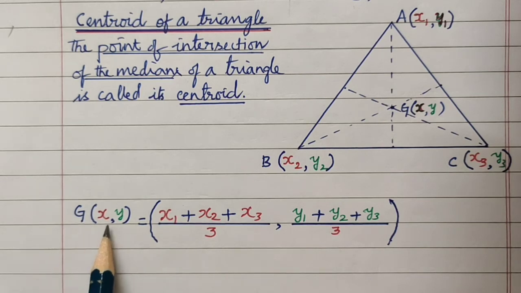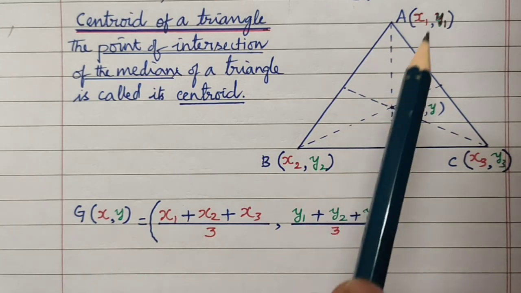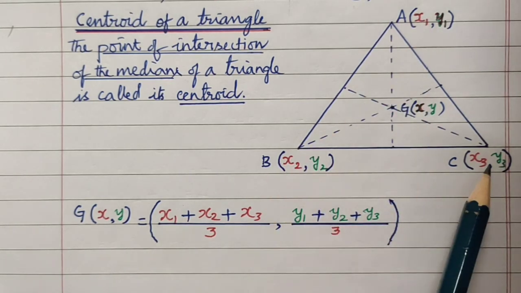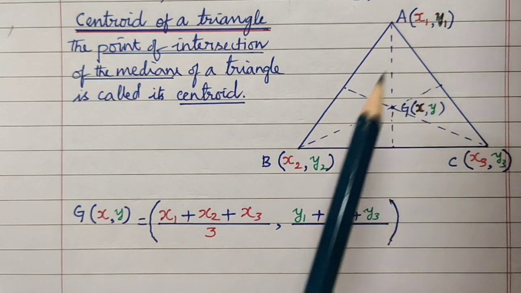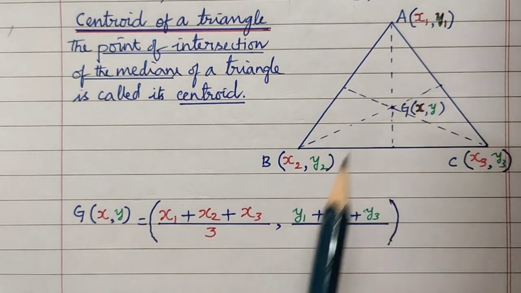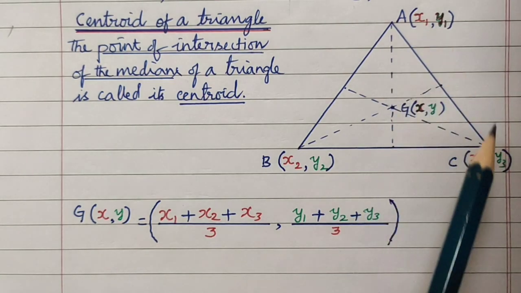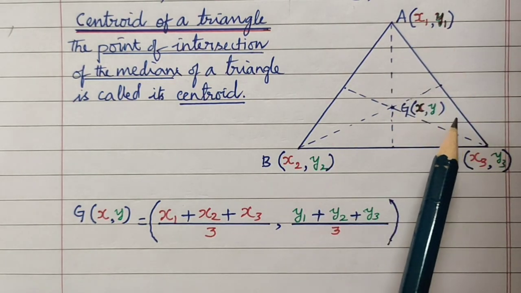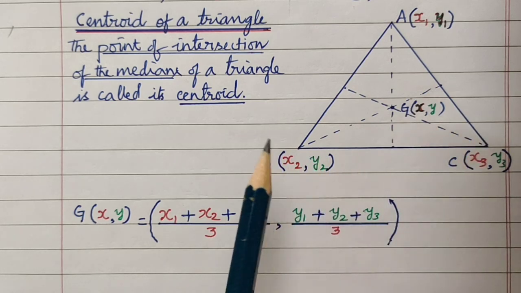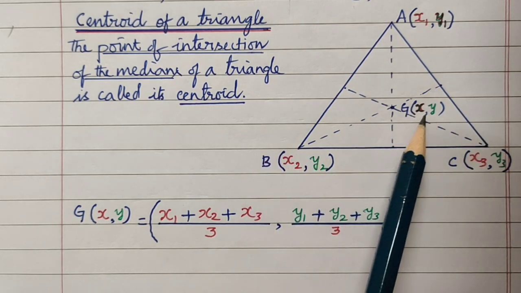Therefore G(x, y) is given by: the centroid x is (x1 + x2 + x3)/3, and the value of y is (y1 + y2 + y3)/3. So there are 8 variables here. If they give any 6 of the variables, in any combination, we can find the other 2.